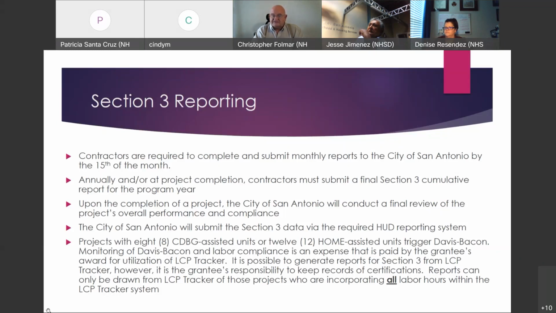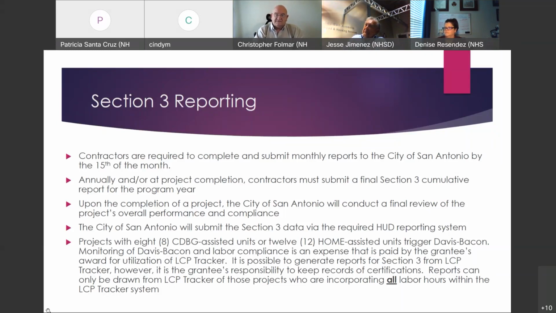One thing that's good is if your project triggers Davis-Bacon, you can use LCP Tracker to manage your Section 3 reporting. Unfortunately, LCP Tracker is not designed to track Section 3 without the Davis-Bacon component. So if you don't have Davis-Bacon, then you're going to have to do it manually. But if you do, it can be done as part of your Davis-Bacon reporting.